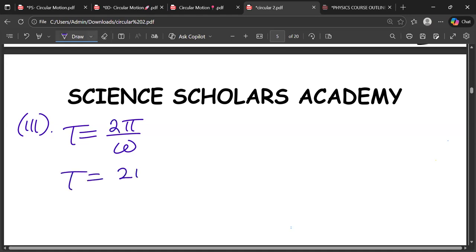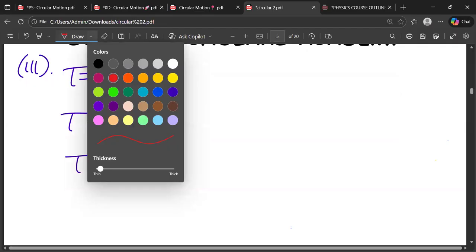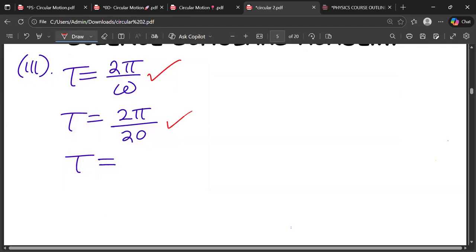You say 2 pi over the omega 20. So what is T? You people give me the answer, because I now don't trust my calculator. So you have already decided to use 3dp, so you maintain those.